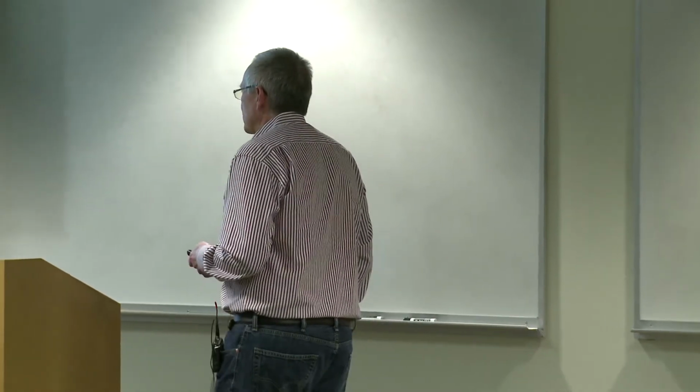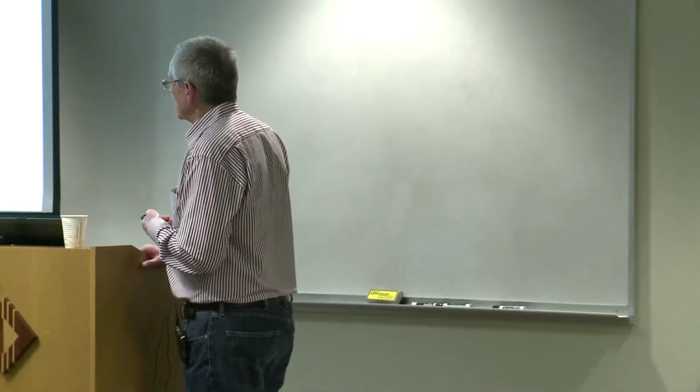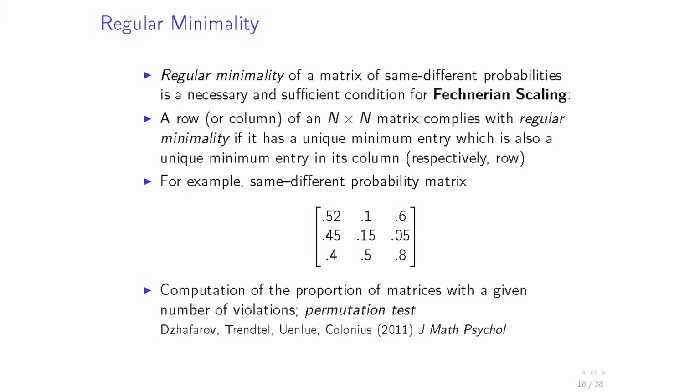And of course there are also other ways to repair this matrix, but in order to be somewhat satisfied, we would also like to have an idea about what is the proportion of violations that one might expect under certain random conditions. That was published in 2011.